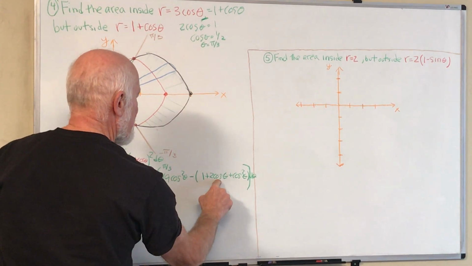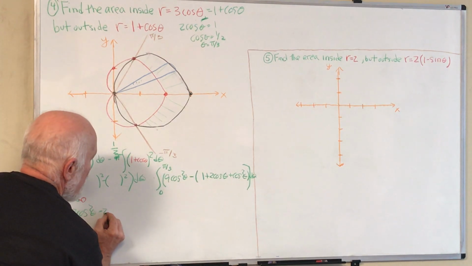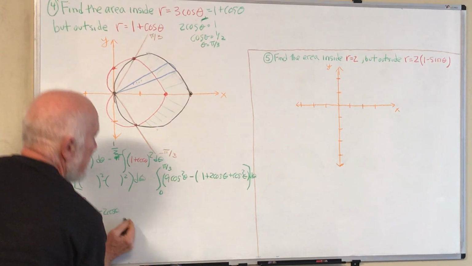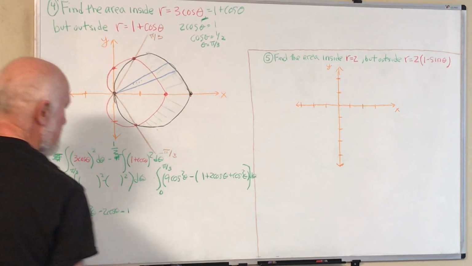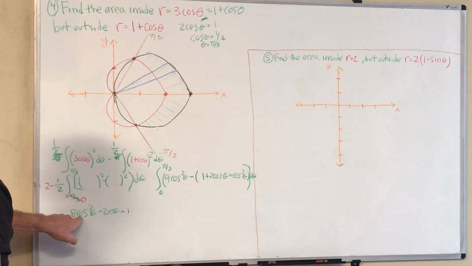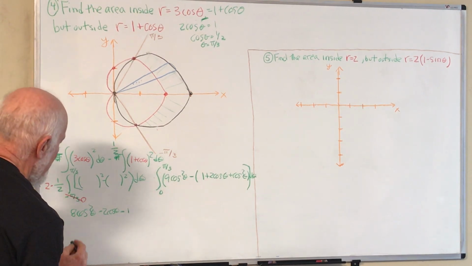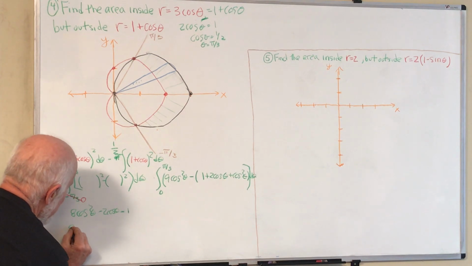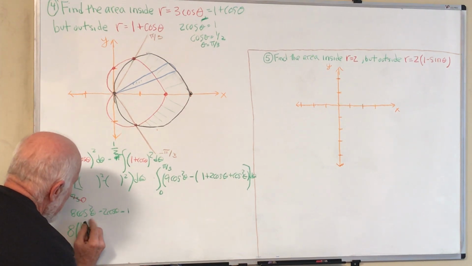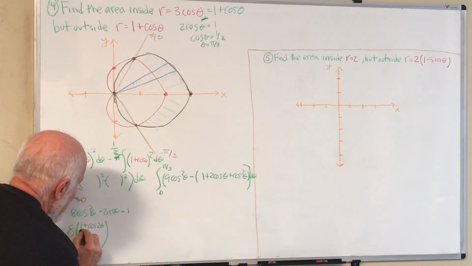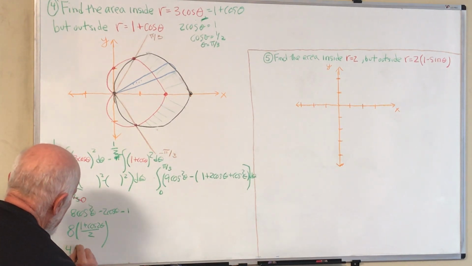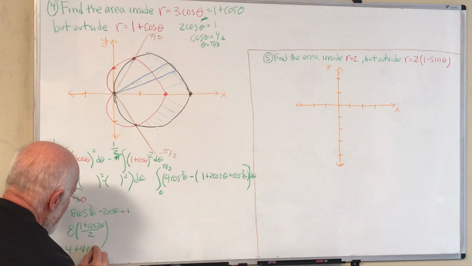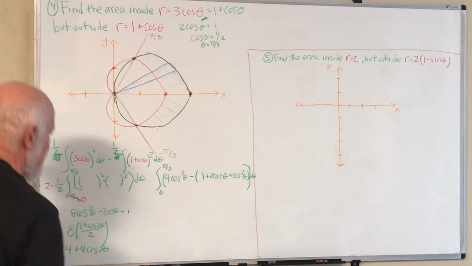Then you have minus 2 cosine of theta and minus 1. Now the trouble is you've got cosine squared of theta. To make that, you're going to have to go 8 times 1 plus the cosine of 2 theta, all divided by 2, or 4 plus 4 cosine of 2 theta.